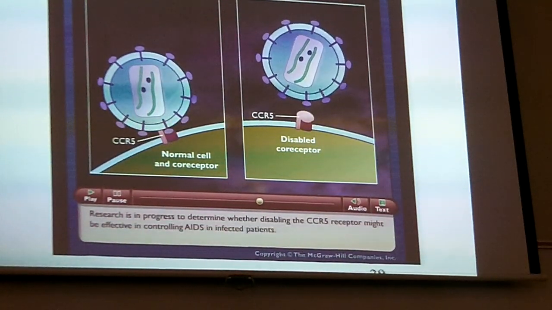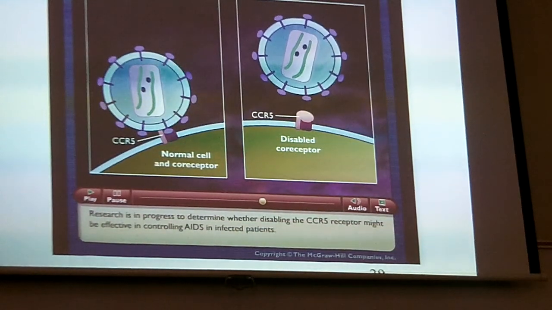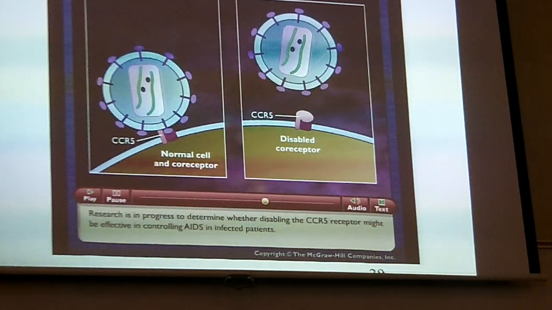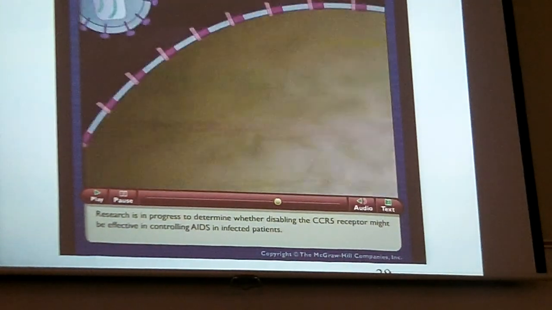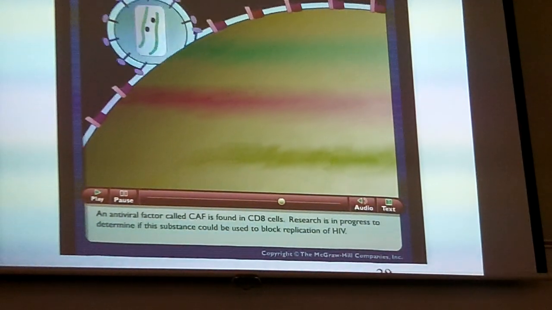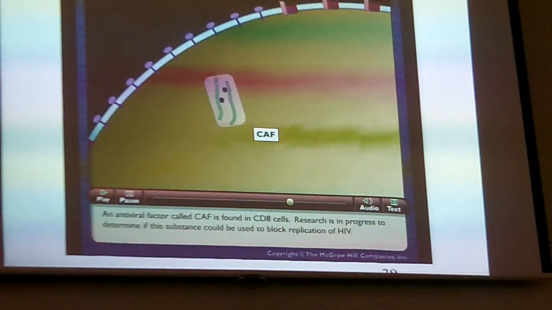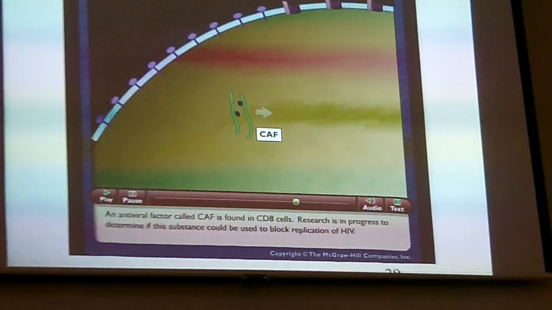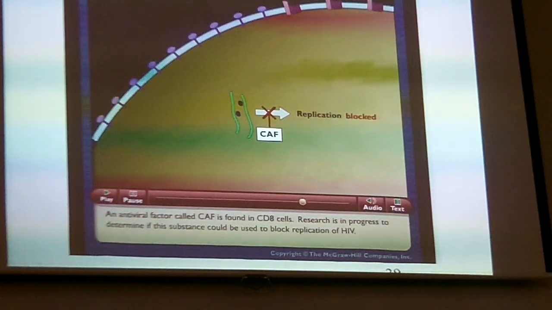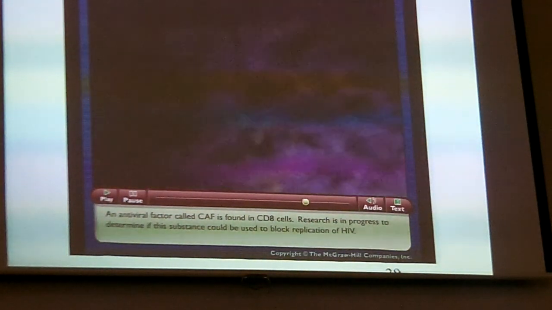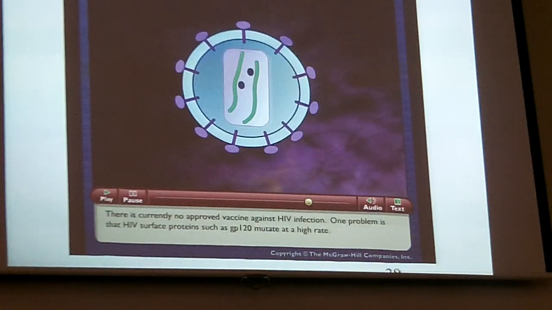Research is in progress to determine whether disabling the CCR5 receptor might be effective in controlling AIDS in infected patients. An antiviral factor called CAF is found in CD8 cells. Research is in progress to determine if this substance could be used to block replication of HIV. There is currently no approved vaccine against HIV infection.